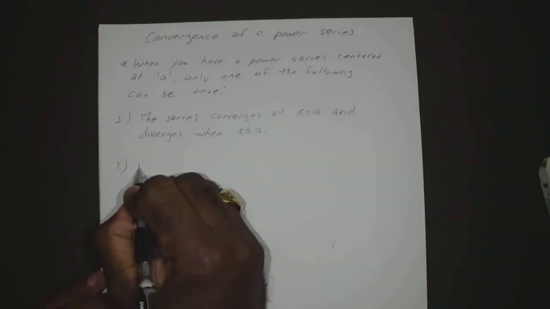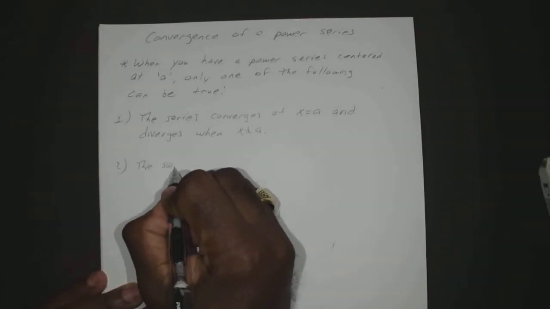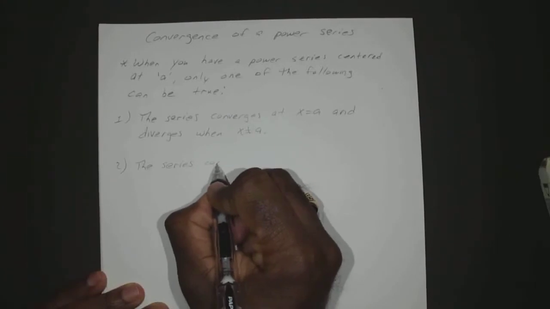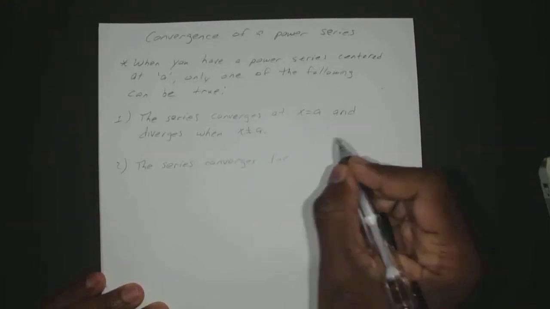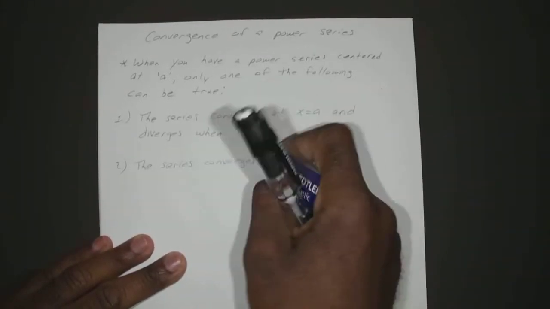Okay. Second option is it can converge for every value of x, or converges absolutely, to be more specific.